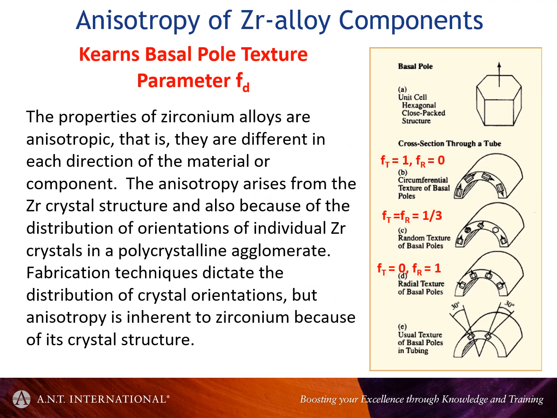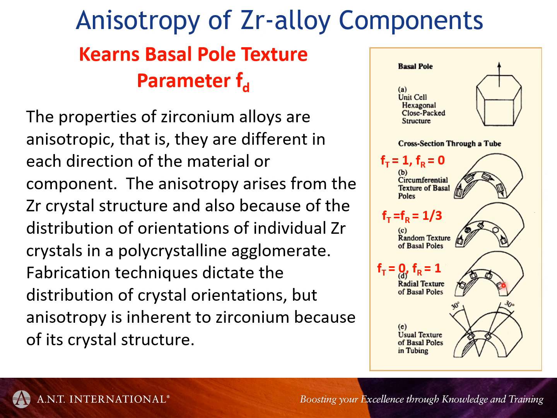As I mentioned earlier, the thing with textures is the distribution of the orientation of the grains has an effect on the properties, the macroscopic properties of the component. We're often dealing with tubes, whether it be guide tubes, fuel cladding rods or pressure tubes, and this is an example of some of the types of textures one might get.